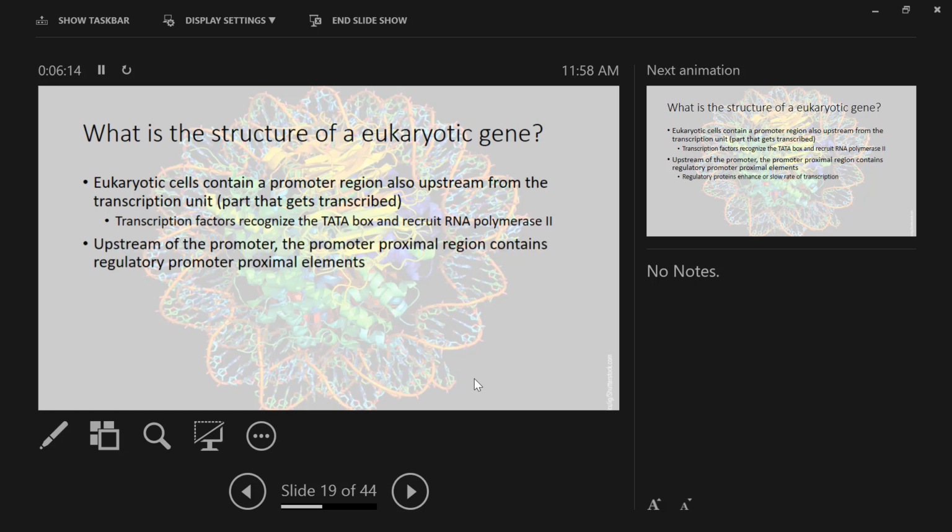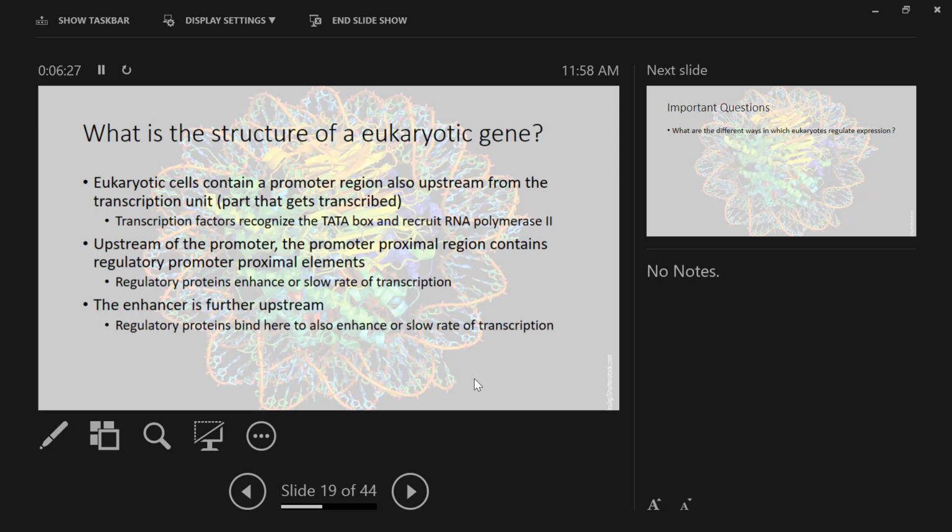You have more regulatory elements, the promoter proximal elements, which slow or enhance the rate of transcription. And even further upstream, you've got an enhancer that enhances or slows the rate of transcription. And so you have a lot more pieces that can control the rate at which RNA polymerase functions.